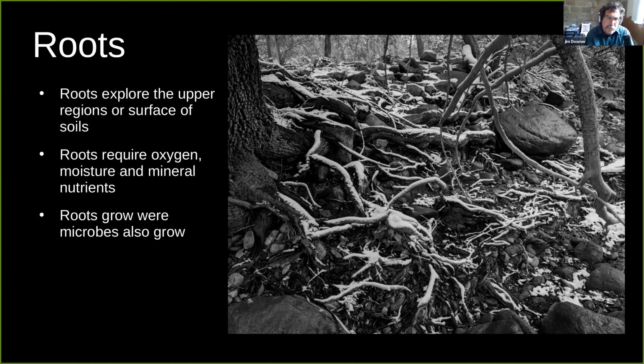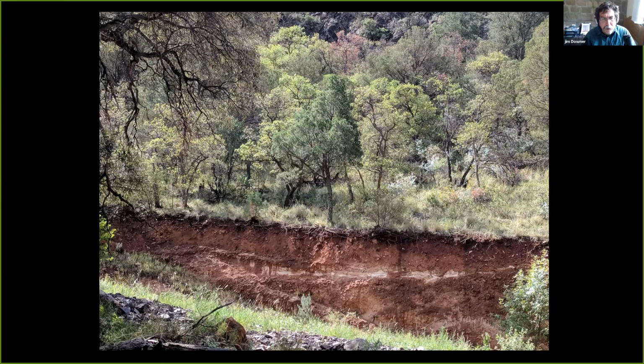So I really like this picture from a soils point of view. It shows a lot, and we could talk about it on the soils basis, but I'm not going to. This is a forest, an oak woodland in Sierra Vista, Arizona, and it shows you pretty clearly where the roots are. They're all up here in the top 2 feet.